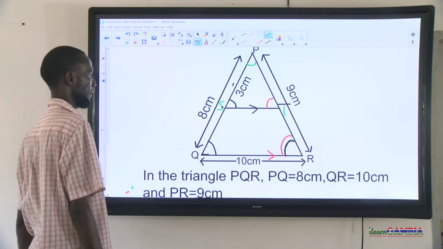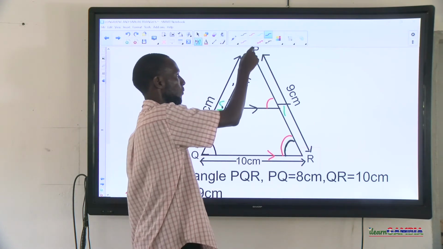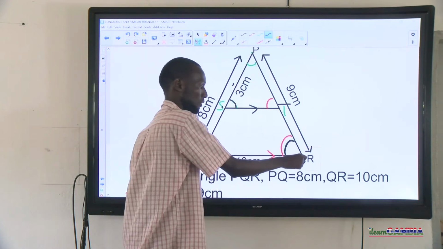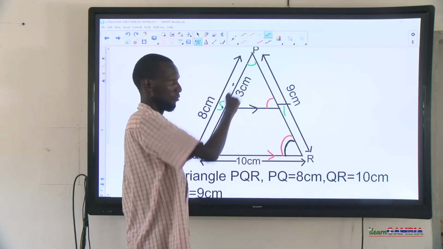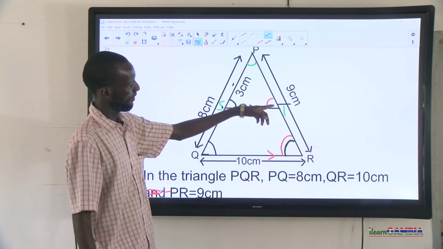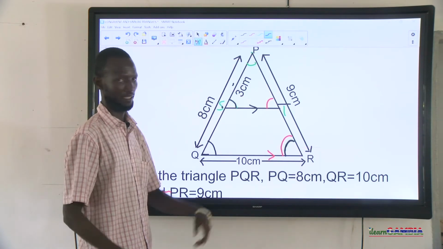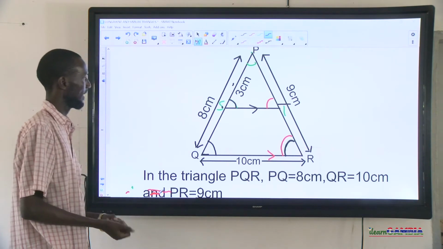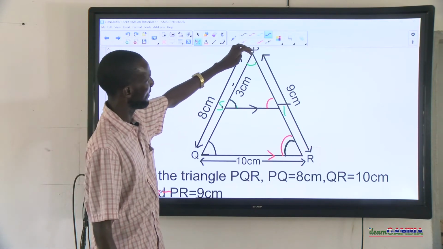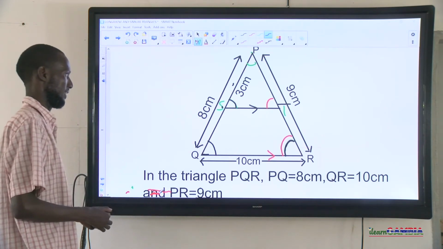So if the whole of PQ is 9 centimeters, if we can find one part, because STR is one part of that 9, so if we can find the other part, that's from P to T, then we can easily subtract it from 9 and get our TR. So let's find a way to find the PT.